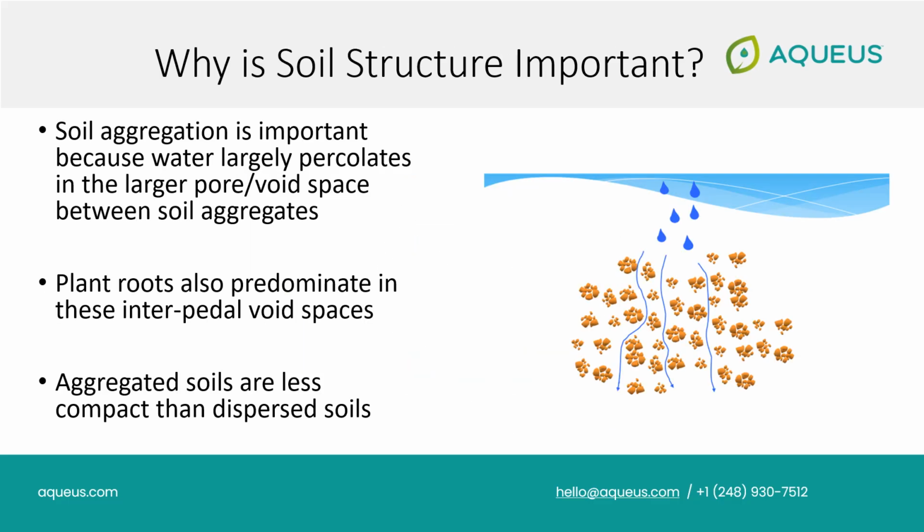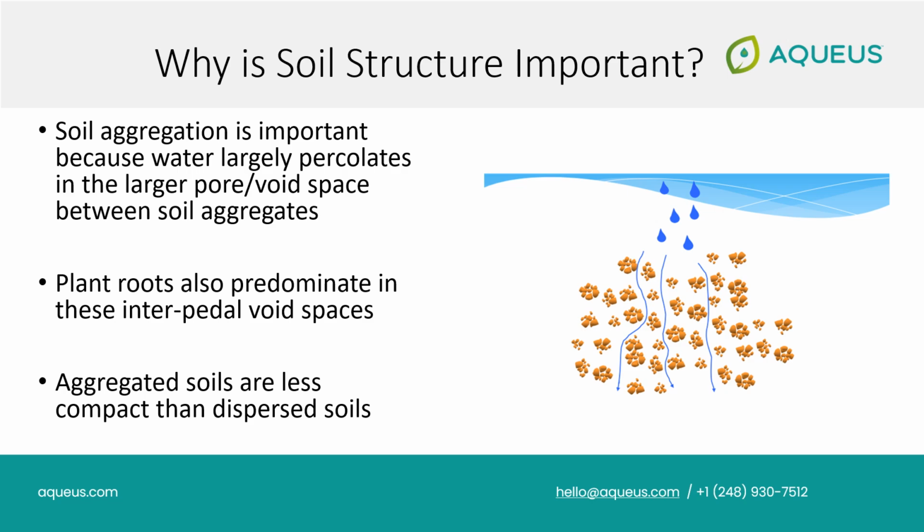So why is soil structure important? Soil aggregation is important because water largely moves through the pore space between soil aggregates. For example, if we had a soil that was high clay and there's no soil structure, then that becomes a pond liner. The water effectively doesn't even move through it.